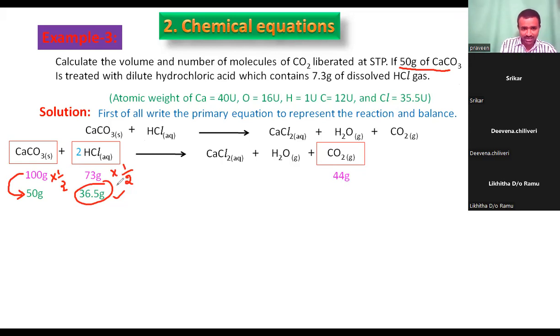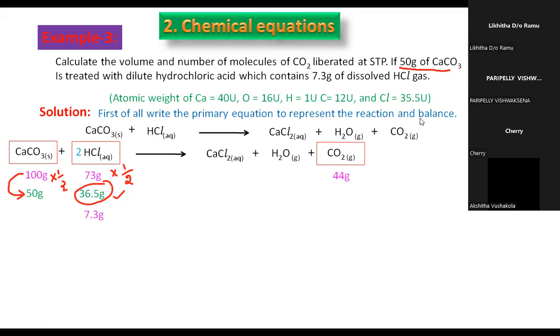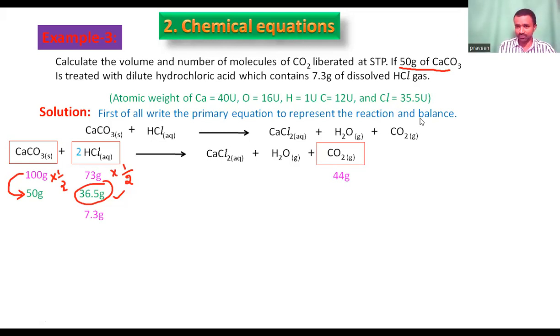So it must be combined with 36.5 grams of HCl. But in the question, they have given only 7.3 grams. Is it the correct ratio? Proper ratio? Are they given in the proper ratio?